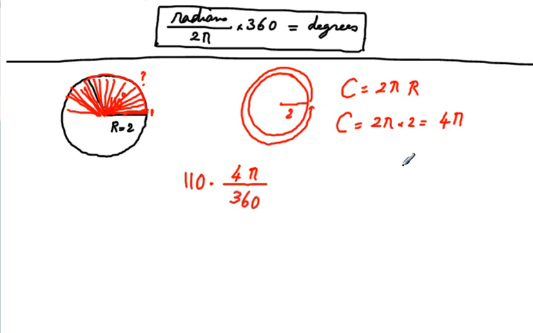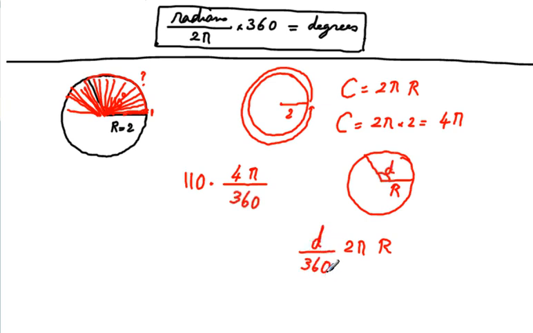So, in general, what do we have? If you have a circle of radius r, and you have gone through an angle of, let's call it d degrees, you want to know how much you have traveled. Take my r, multiply by 2 pi. That's going to be a whole circle. I have traveled d degrees, d out of 360.